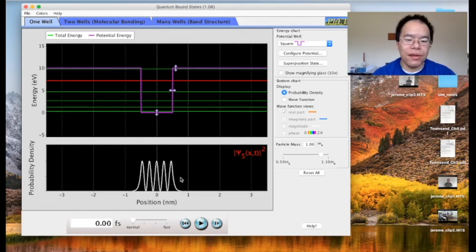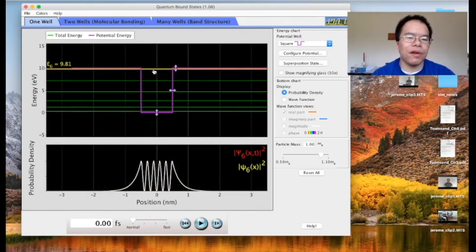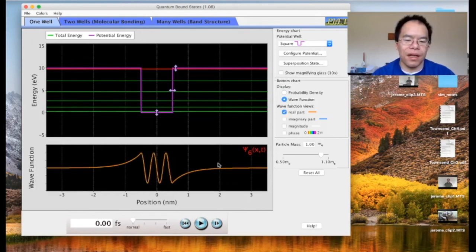Some other things to point out here. One more thing, and I'll ask you to explore this later on. Notice that the closer I make the energy to the well height, the further into the forbidden region the wave function can extend, and that's consistent with what we talked about on the board.